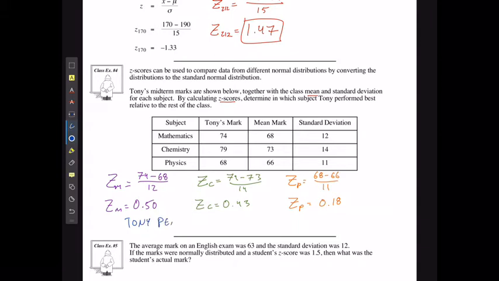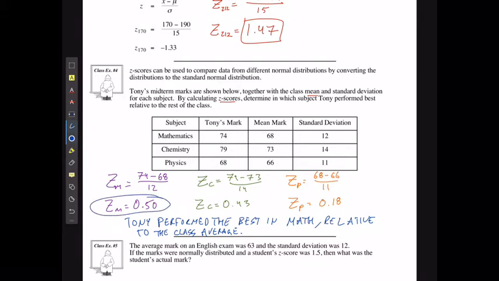Tony performed the best in math relative to the class average, because that one, even though it was not his highest mark overall, it was the highest standard deviation away from the class average.